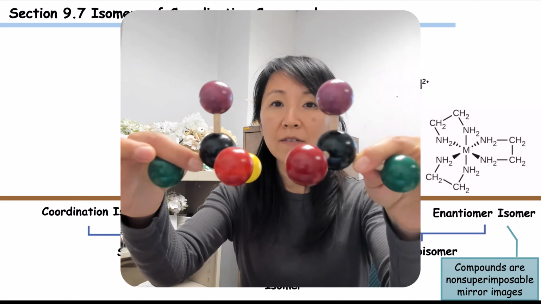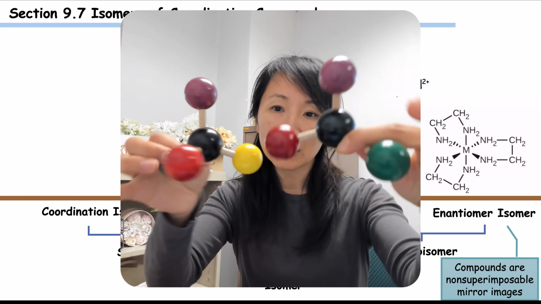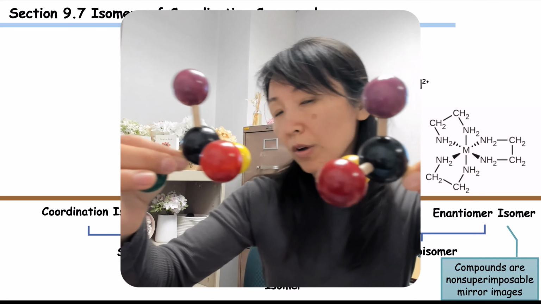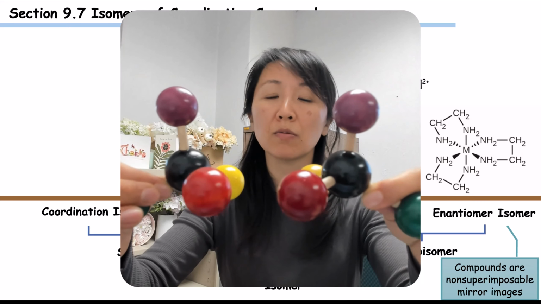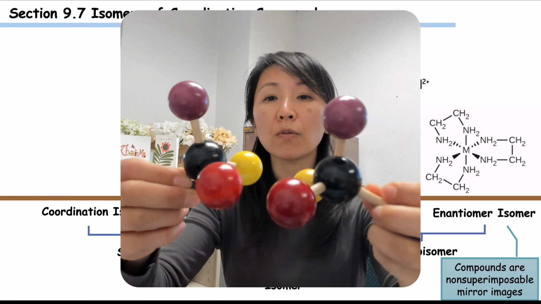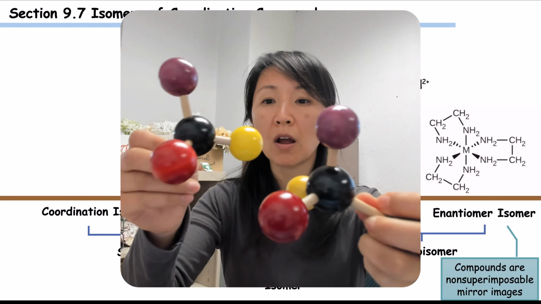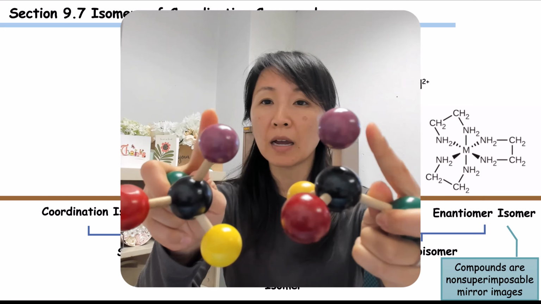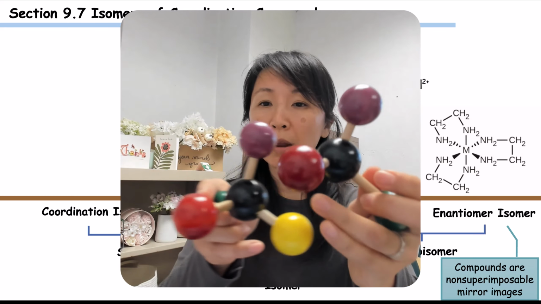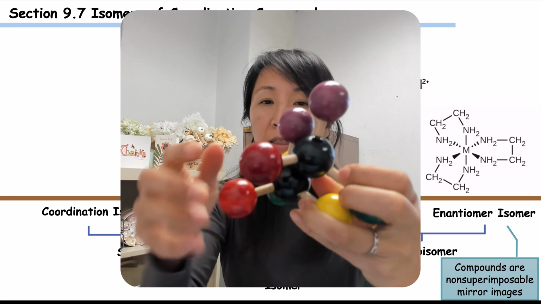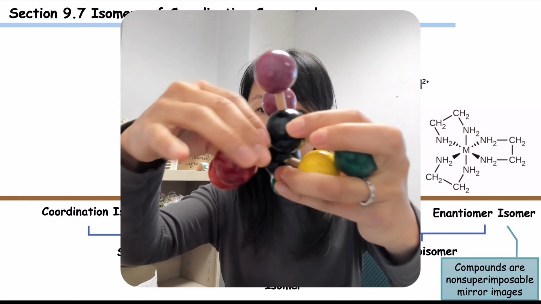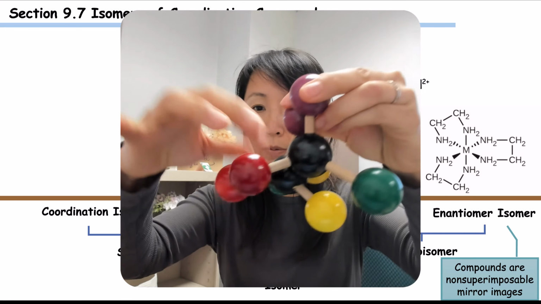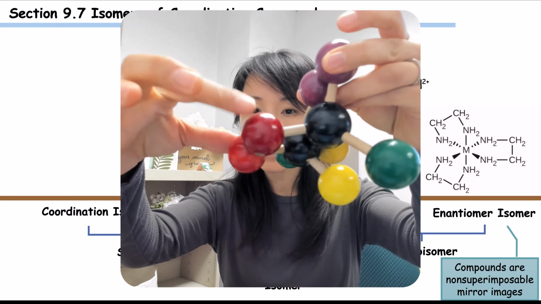This is a tetrahedral, but this will work also for octahedral. It just depends on what kind of attachments there are. Now, if I were to line them up, you might say they're exactly the same. Well, they're not quite. So let me line this purple one and the red one. If I line them up together like this, the purple ones are on top, the red ones are on the bottom.